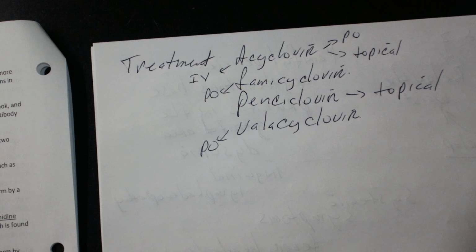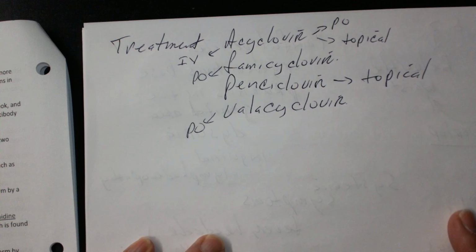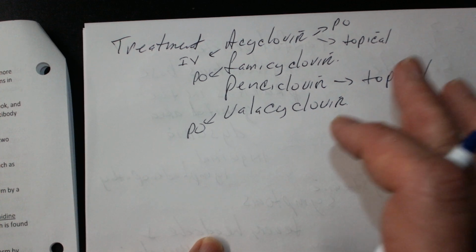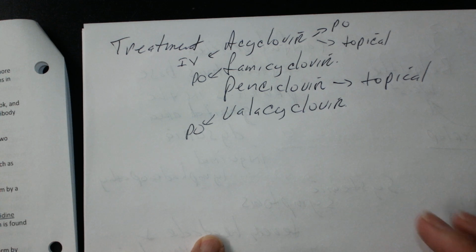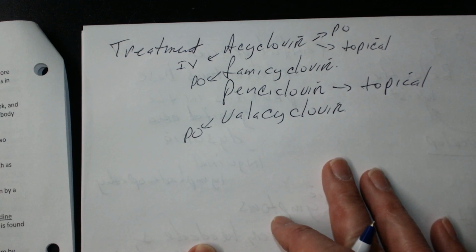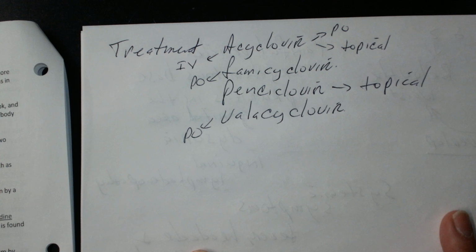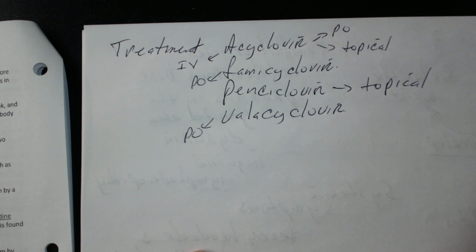So they're phosphorylated by thymidine kinase. And then when the virus tries to incorporate them into viral DNA, you get termination of viral DNA synthesis. So they're specific for the virus, and they do a good job of stopping the growth of the virus and allowing healing.